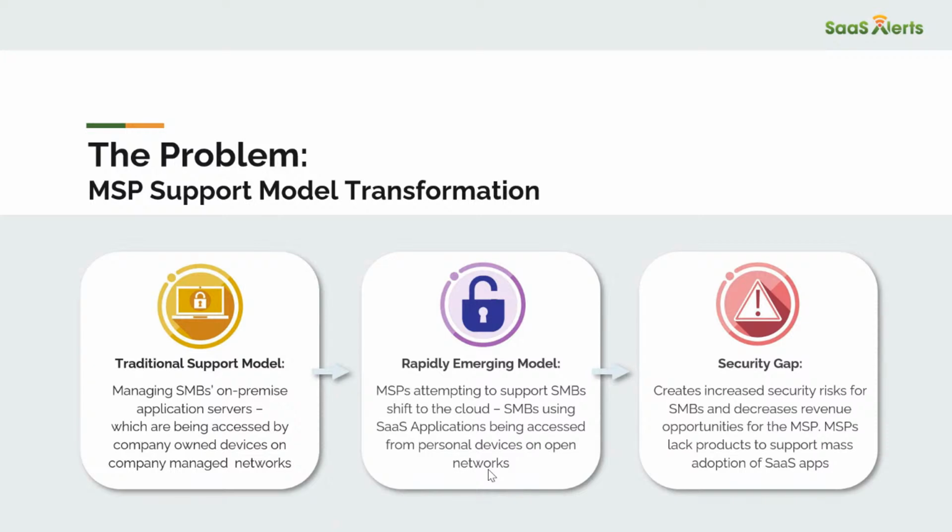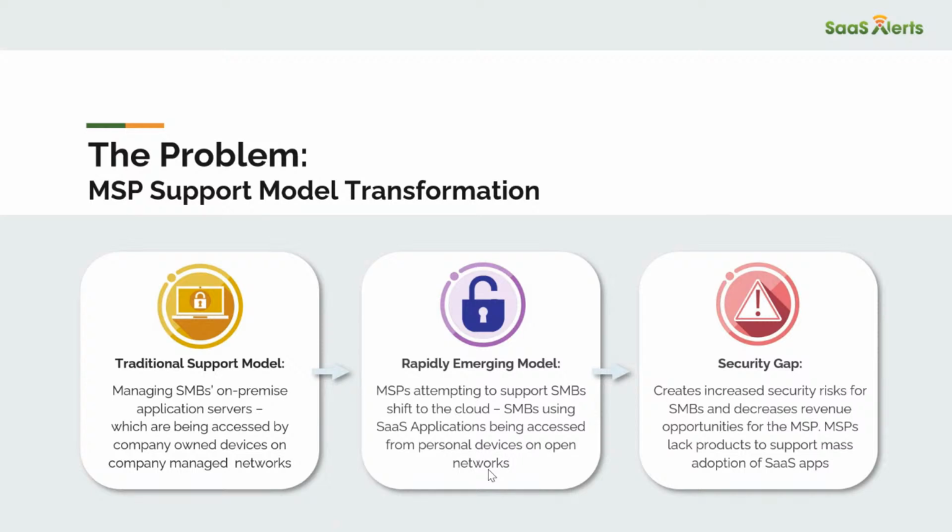So first of all, we're solving a problem which is still pretty pervasive for MSPs, which is the traditional support model: managing small business on-prem application servers being accessed by company-owned devices on company-managed networks. Those days are gone, man. We know that.